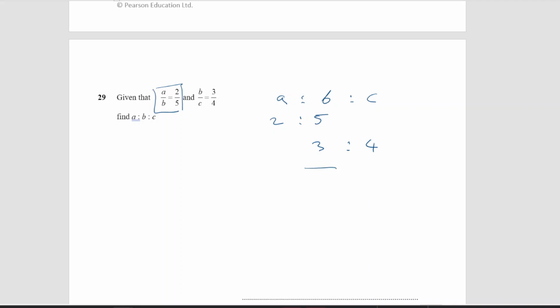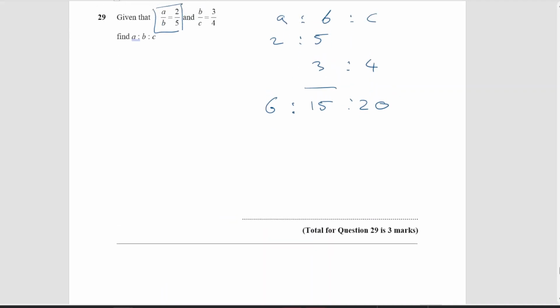It's our middle one that we're going to combine and make them both 15s. To do that, I would times the first ratio by 3, so that would become 6. And I'd times the second ratio by 5, so that would become 20. So 6 to 15 to 20. Nice direct route for that.